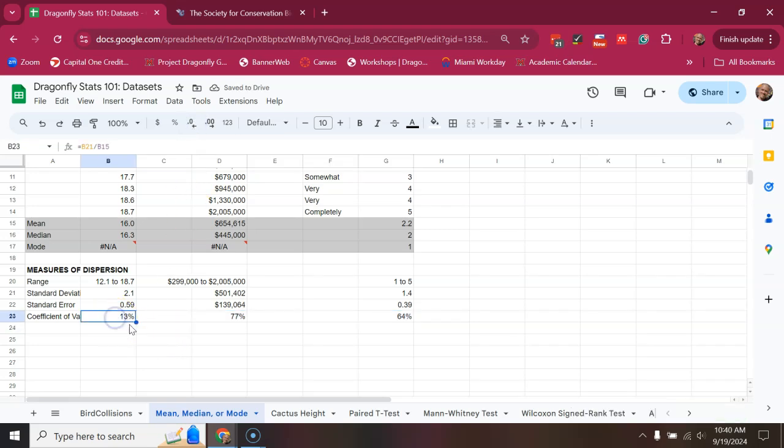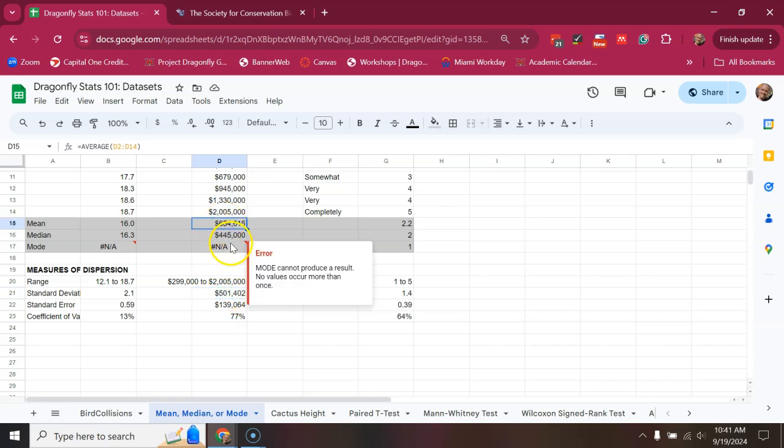What this is saying is that the standard deviation is 13% of the mean in the shark length data set. But in the housing data set, the standard deviation is 77% of the mean. You can look at that: 500,000 is about, or is 77% of this number, 654,000, right?